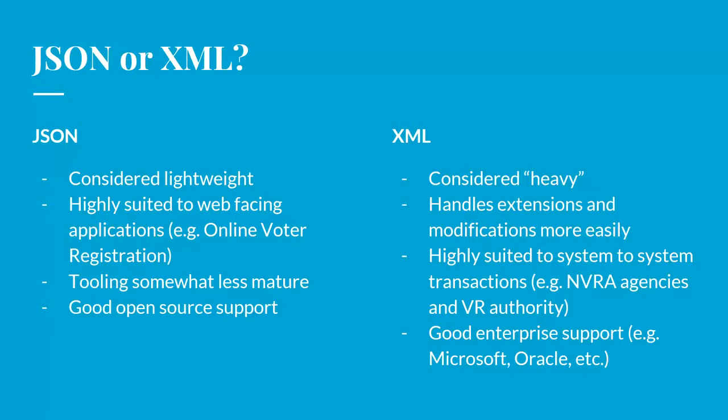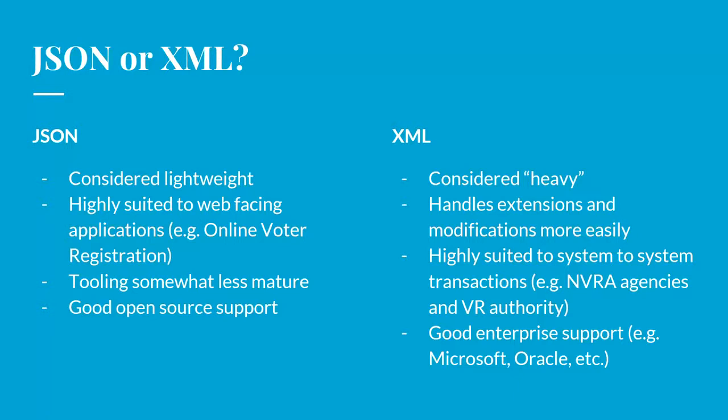You're going to be able to validate it more easily if you do have one of those heavyweight type stacks like .NET or Java. So in that case, I think it's more suited to system-to-system type interactions, such as an NVRA agency to voter registration authority.